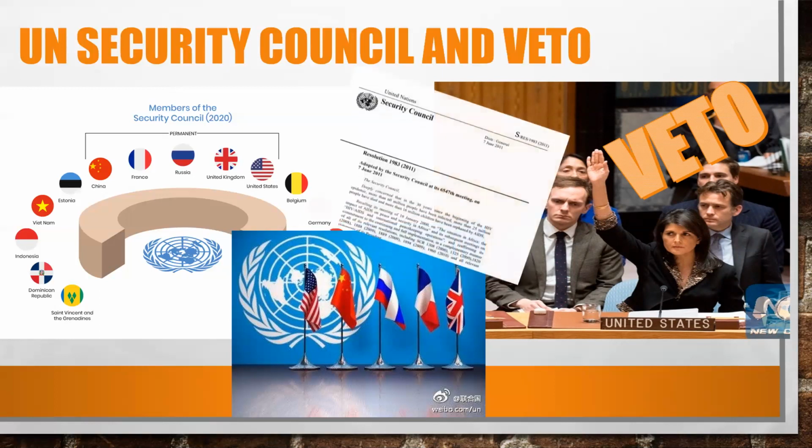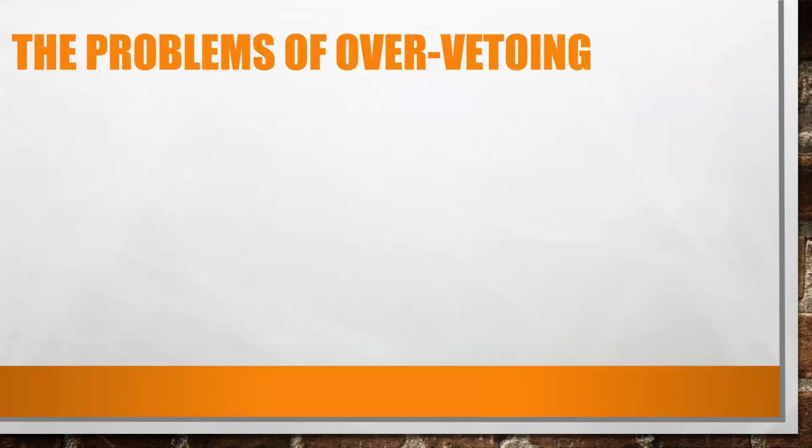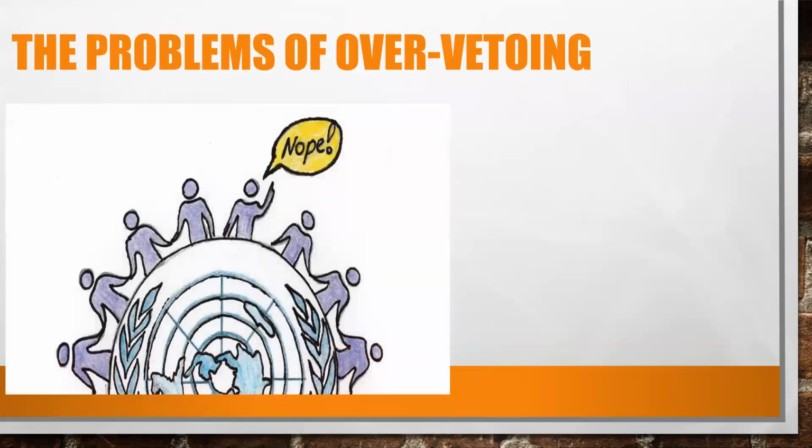Then the resolution will not be activated. So you can see veto is basically having power to say no to a solution that was given by the Security Council. And this power to say no is only given to the 5 member states, US, China, Russia, France, and UK. No one else can say no.